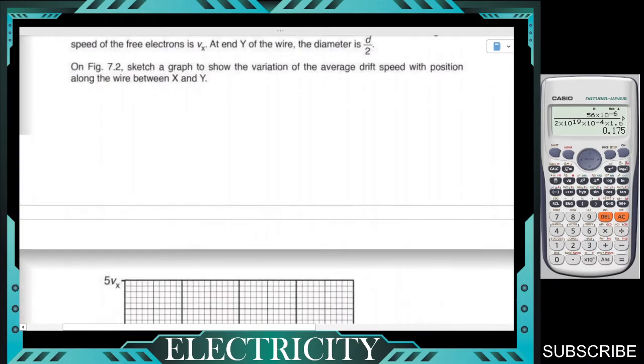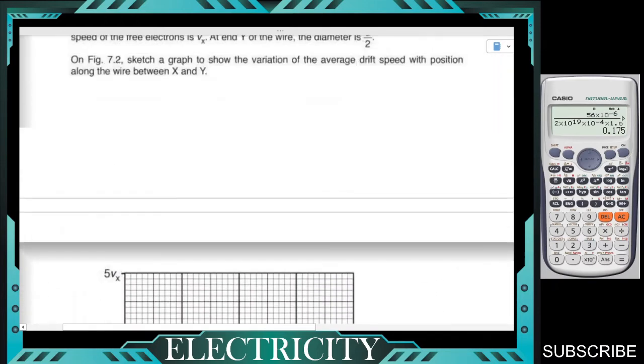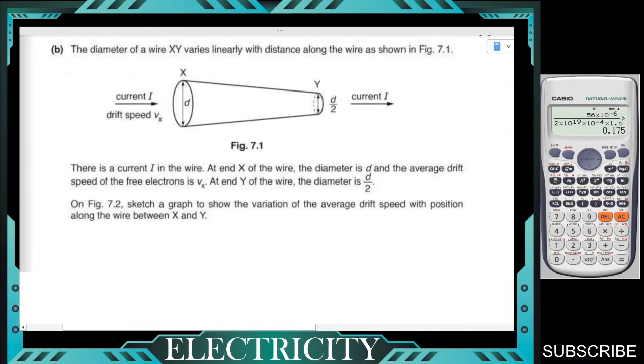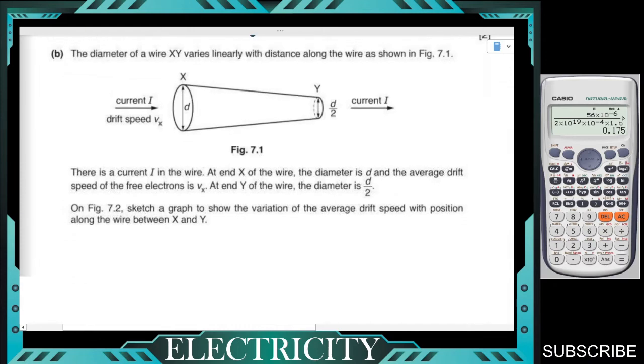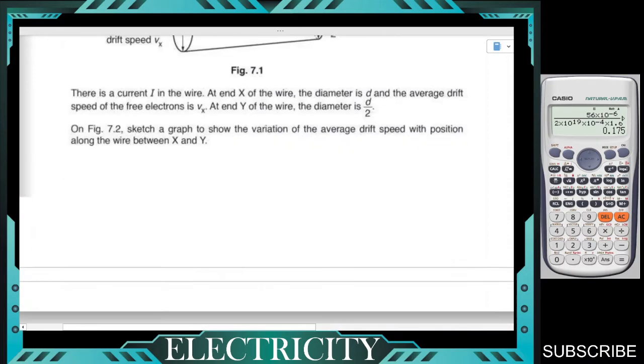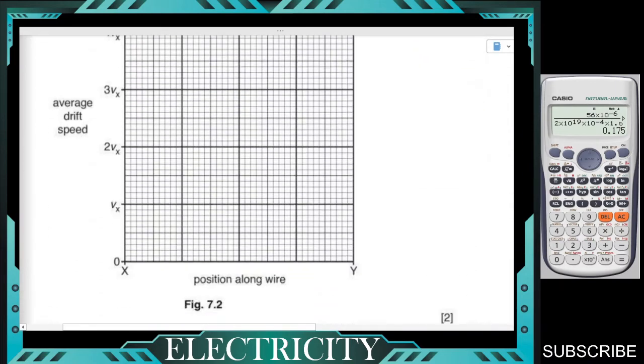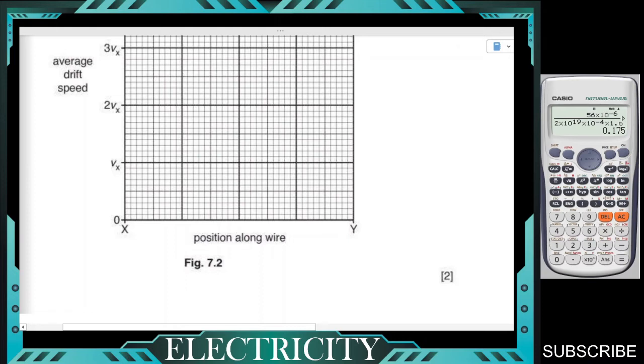Now once again we have a question related to a graph, and in this one we have to start from the point X and go towards the point Y where the diameter is decreased. Like I said, for 2 marks you have to choose at least 2 points, and then plot the graph accordingly.